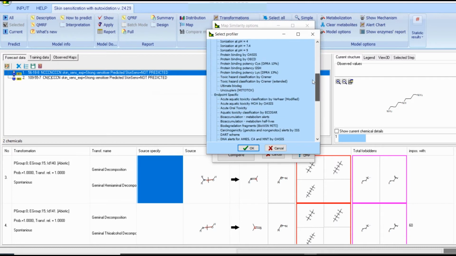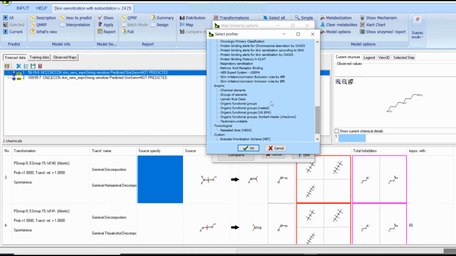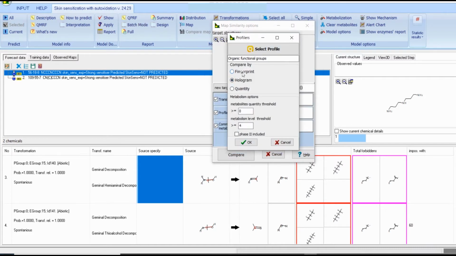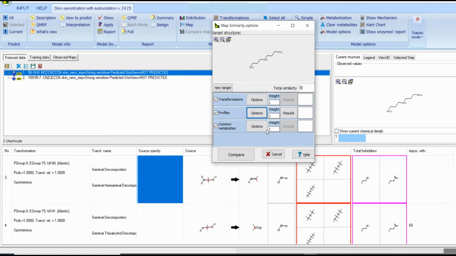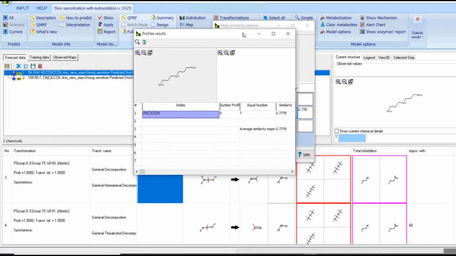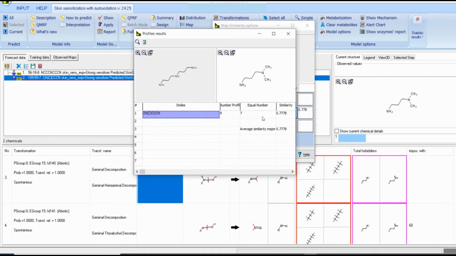Now, let's select Organic Functional Groups and the fingerprint approach. Here, we can see that both chemicals are structurally similar.